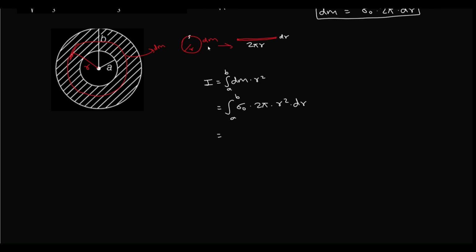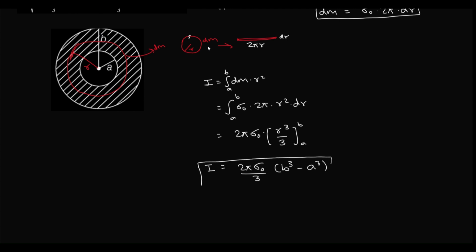This 2 pi sigma naught is constant, so we get 2 pi sigma naught into integral of r square dr, which is r cube by 3, with limits from a to b. So the inertia would be 2 pi sigma naught, upper limit minus lower limit, so b cube minus a cube, divided by 3. This is my moment of inertia.